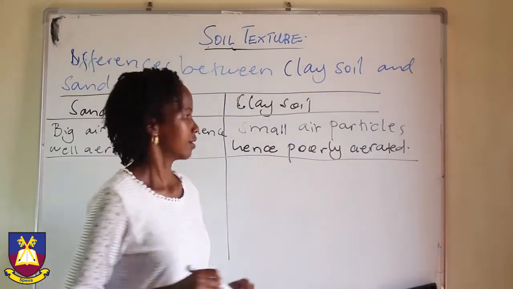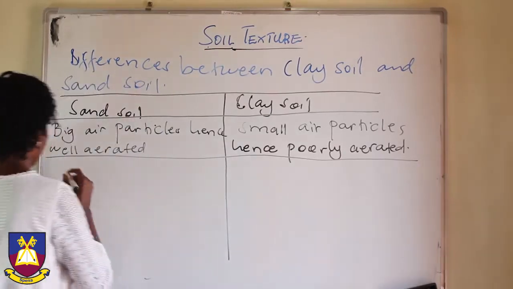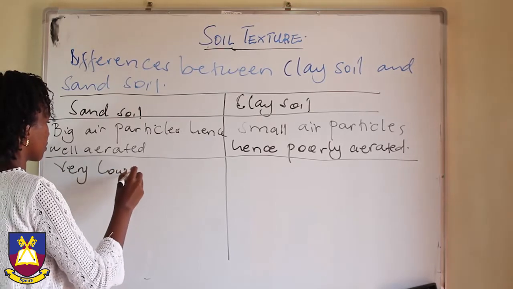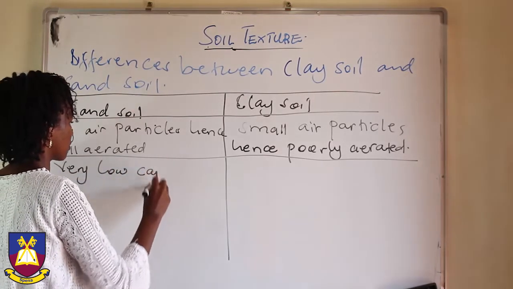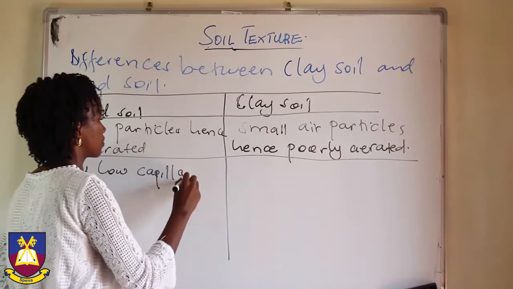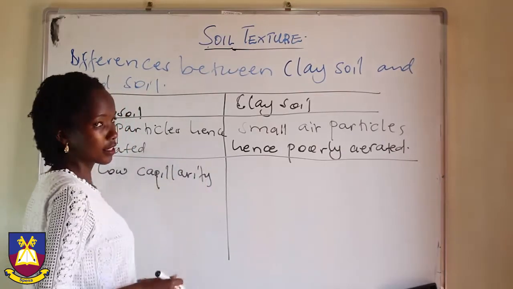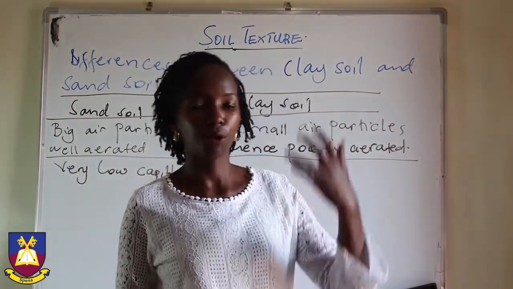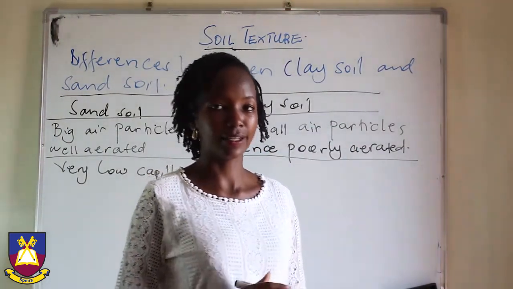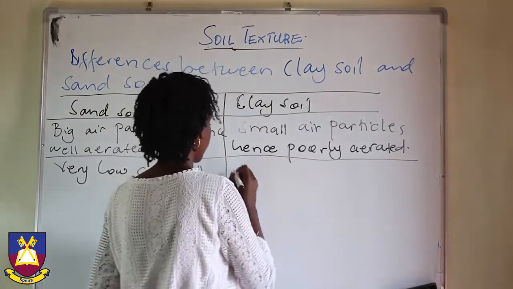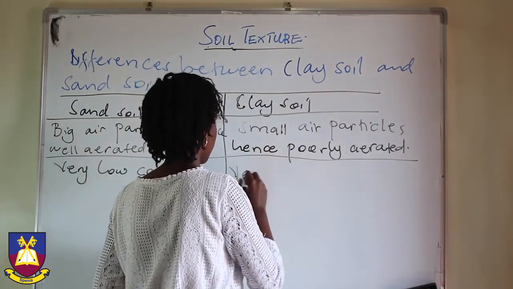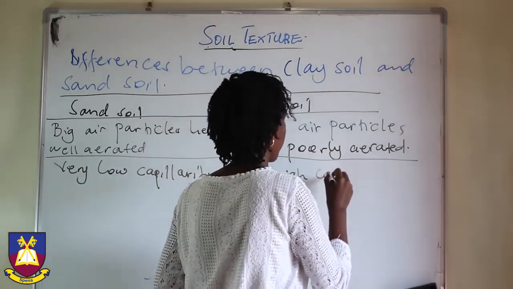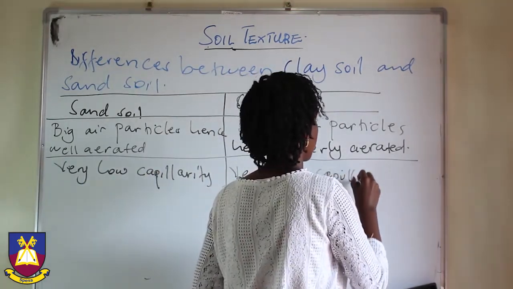Something else. Sandy soil has very low capillarity. Meaning that if you put water in sand soil, it can't easily go up and down through the sand. How about clay? It has high capillarity.